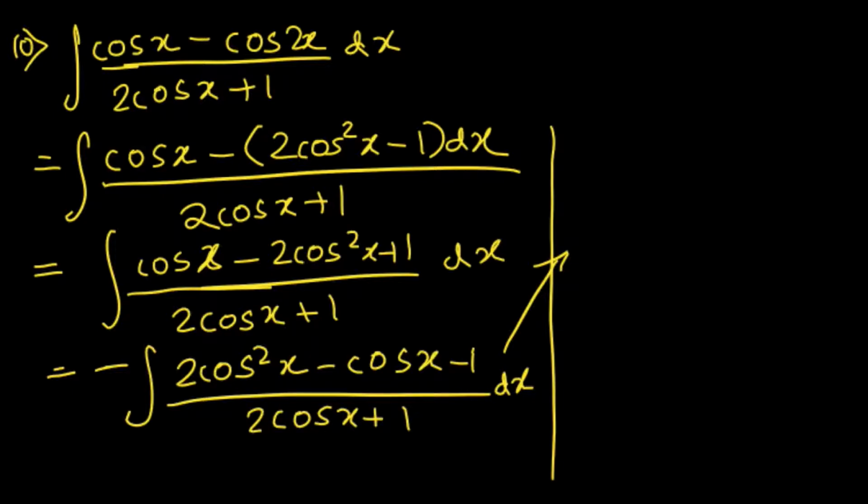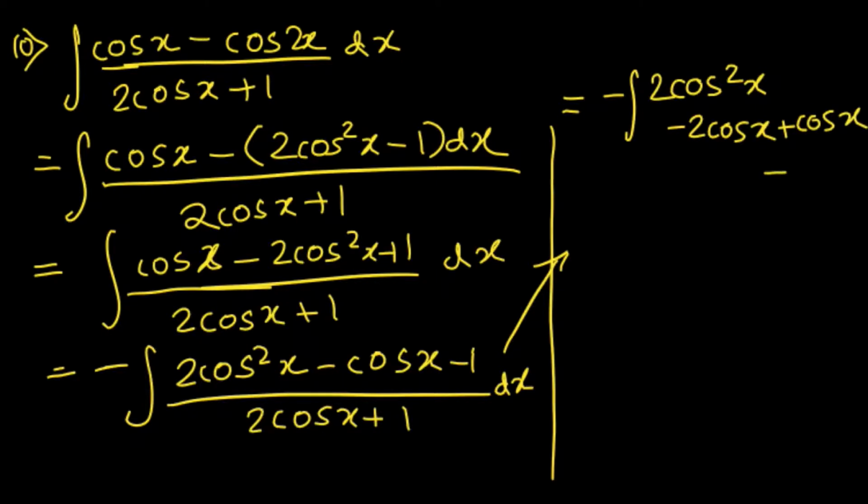So here what we will obtain is minus of integration. I have to make a little adjustment over here, like 2 cos square x minus 2 cos x plus cos x minus 1. And obviously the denominator will be 2 cos x plus 1.